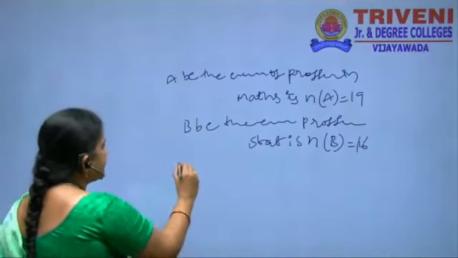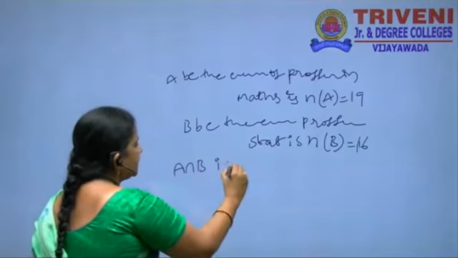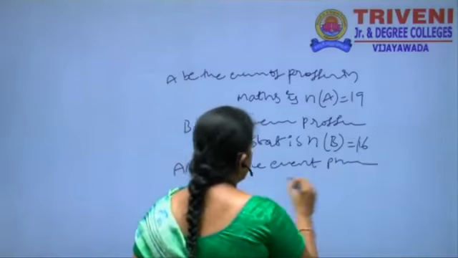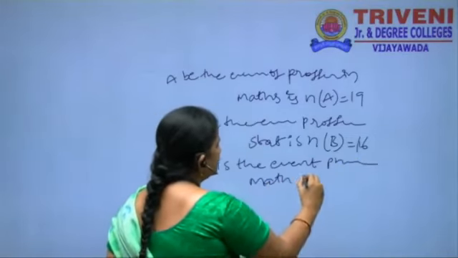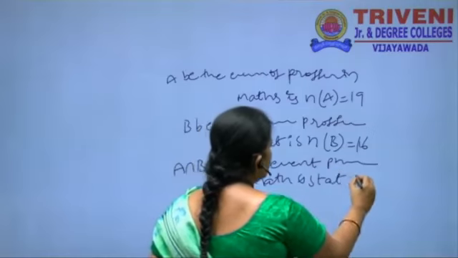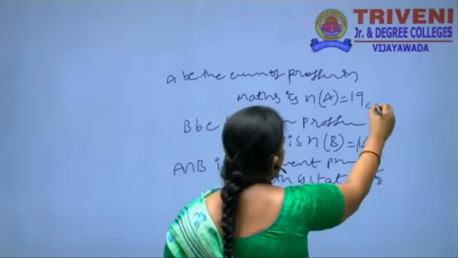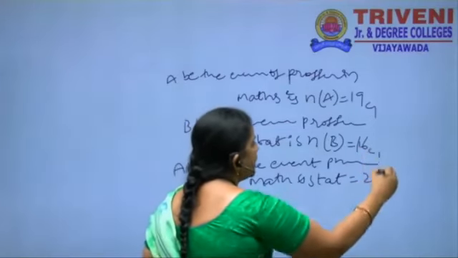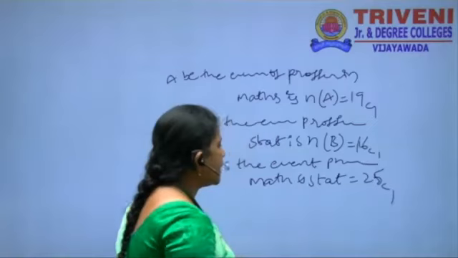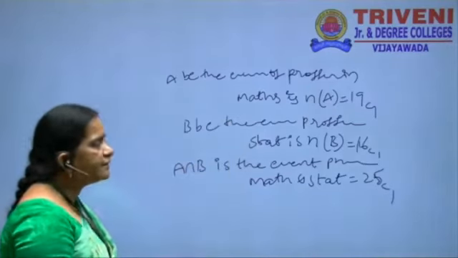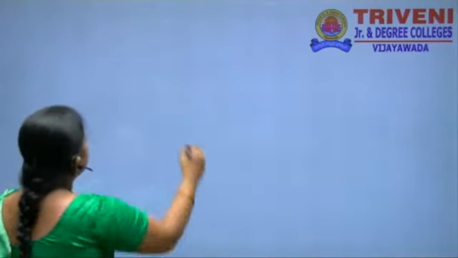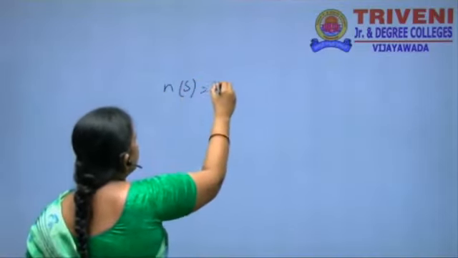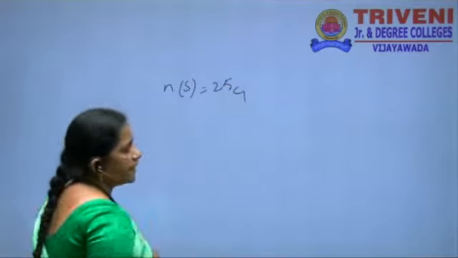A intersection B is the event of professors in maths and stats, that is equal to 25. Here we have to select one person: n of A is 19C1, n of B is 16C1, n of A intersection B is 25C1. Then n of S is 25C1, since there are 25 professors and we select one.